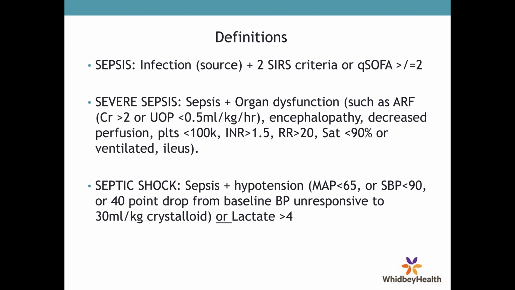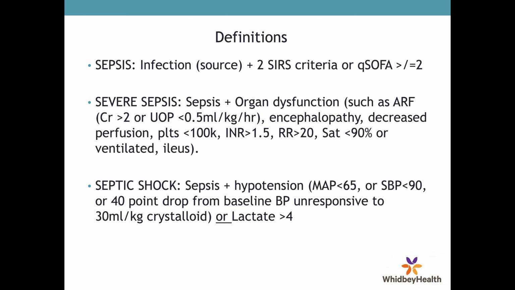Sepsis is an infection plus either two SIRS criteria or a quick SOFA score of at least 2. Severe sepsis is sepsis plus organ dysfunction, and there's a variety of criteria that you can call organ dysfunction. Most of them are up here. Acute renal failure.